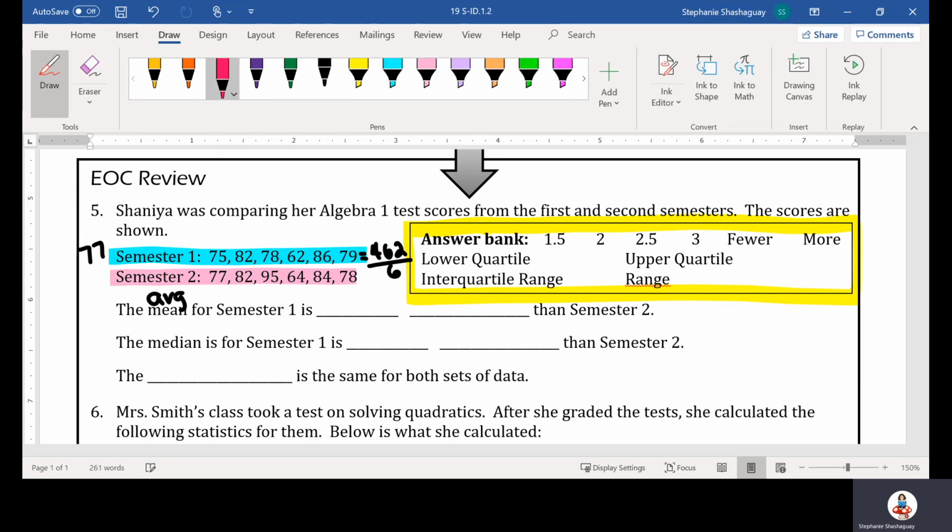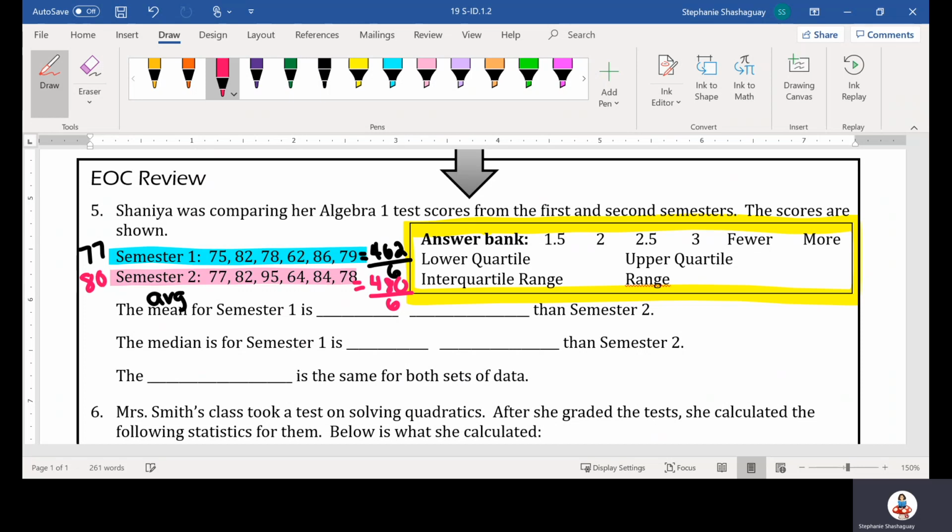Then to find the mean of semester 2, we're going to add up 77 plus 82 plus 95 plus 64 plus 84 plus 78, which is equal to 480. And again, we're going to divide by 6 because that's how many data points we have, and we're going to get 80.